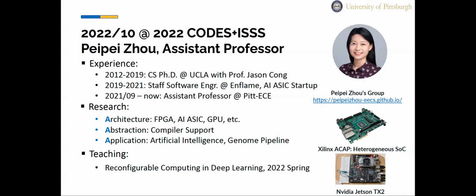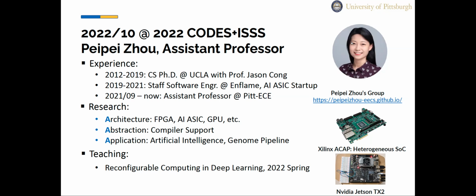I brought up 2 generations of AI ASIC chips in Shanghai in Flame technology. And there I basically did the pre-silicon modeling and post-silicon performance auto-tuning. So this talk will be mainly about my experience there and also some of my reflections, which shed light on my current research. My current research can be summarized as 3A: architecture, abstraction, and application.